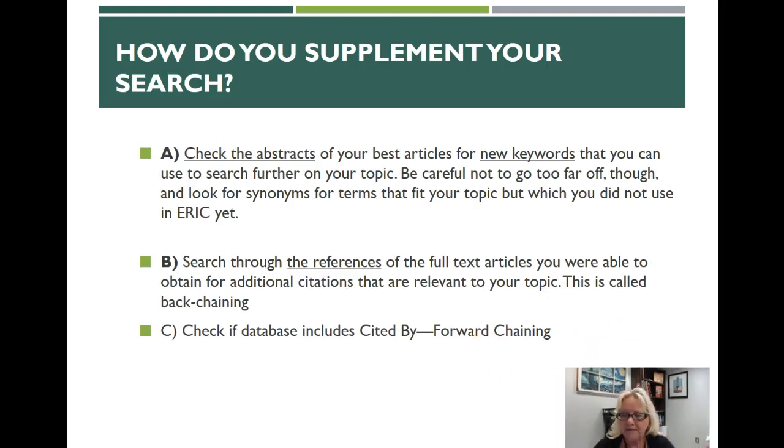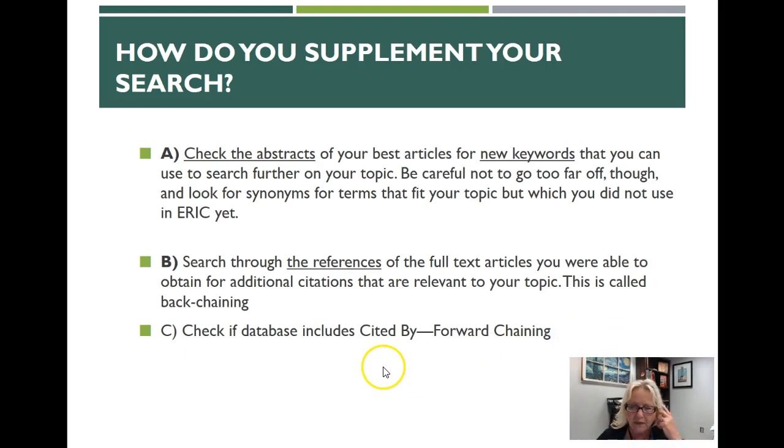So besides checking multiple databases, how else do you expand your search? So we saw in that search that we had 3 articles. We need way more than that. So what do you do? Look at the abstracts of those articles for keywords, synonyms, and add those to your search.